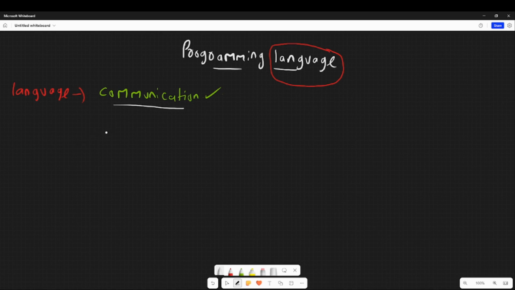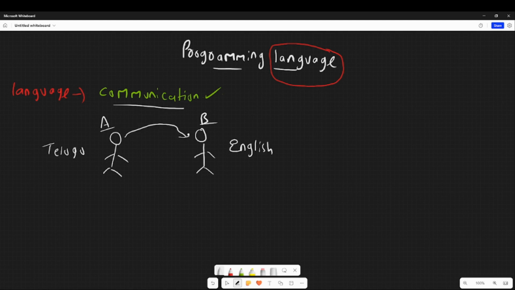For example, take candidate A and candidate B. Suppose candidate A knows only the Telugu language, and candidate B only knows the English language. If candidate A wants to know the name of candidate B, he will only talk in Telugu.